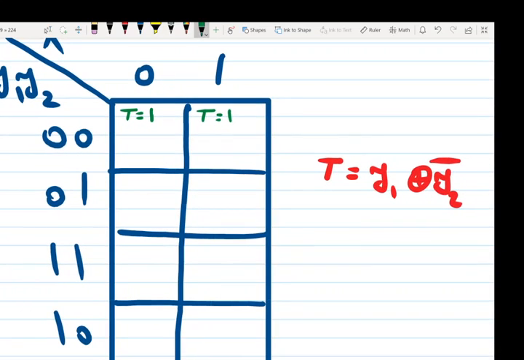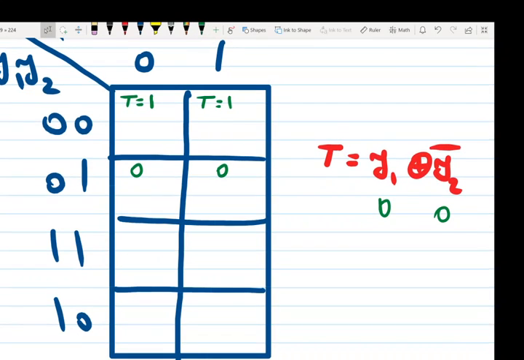The second row, what about T? Y1 is 0, Y2 bar is 0, so 0 XOR 0 means 0. The next one also 0. The third row, Y1 is 1, Y2 bar is 0, and XOR is 1.